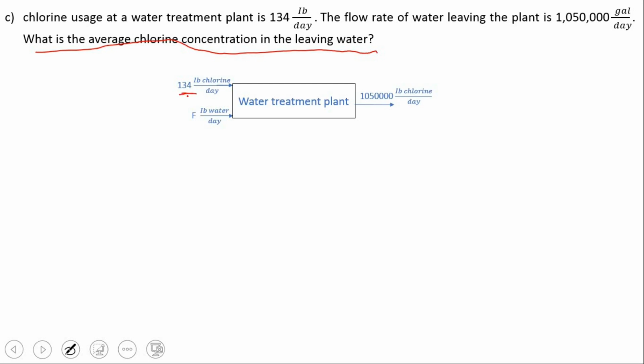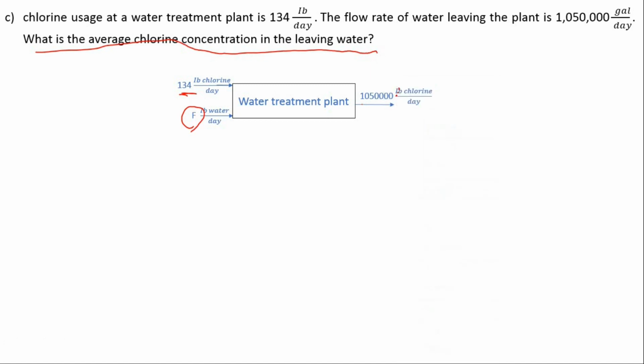134 pounds of chlorine per day enter the water treatment. Also an unknown flow rate of water enters the water treatment, and we have the outflow rate of 1,050,000 gallons per day.